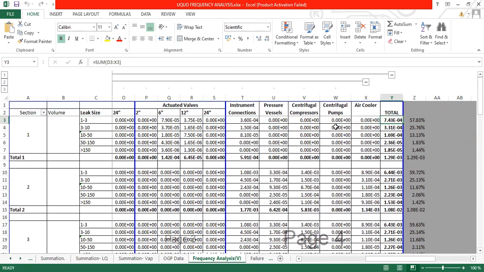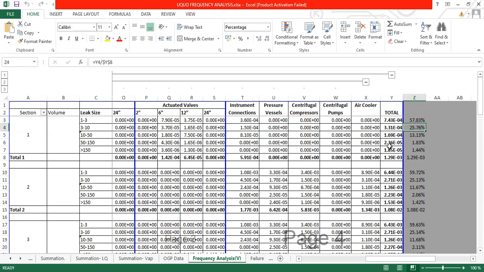It's additive. So basically you add for all the other leak size possibilities. So we've done a percentage analysis, you can see that most of our leaks, in terms of percentages, the highest percentage is the 1 to 3 millimeter leak size, which is consistent with what we see in nature.